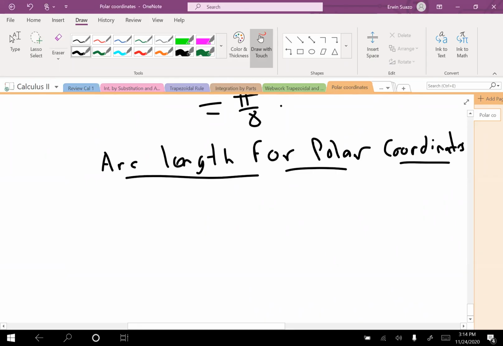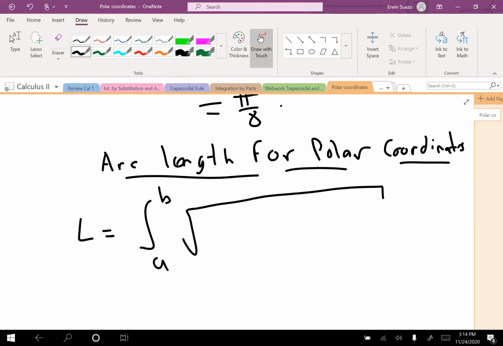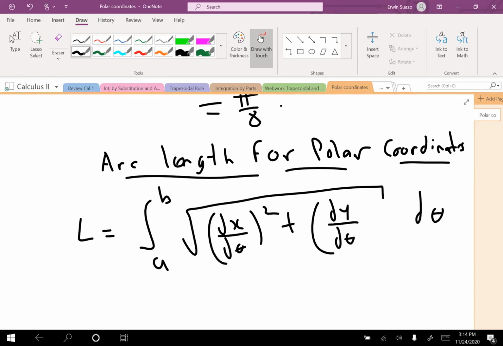We talked about it, right? We said that this was the integral between A and B of, I gave you this formula last week, the square root of dx d theta squared plus dy d theta squared.